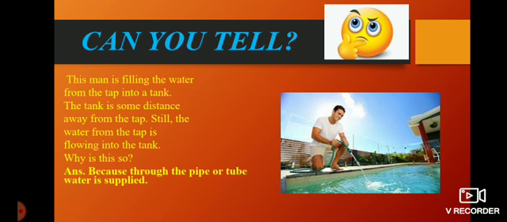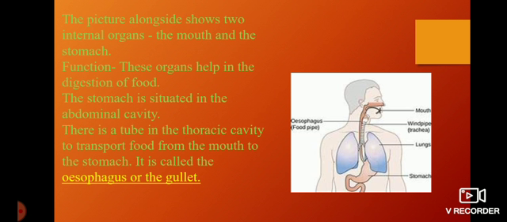Why is this so? Because through the pipe or tube, water is supplied to the tank. In the same way, in our body, one pipe, the esophagus, is present.